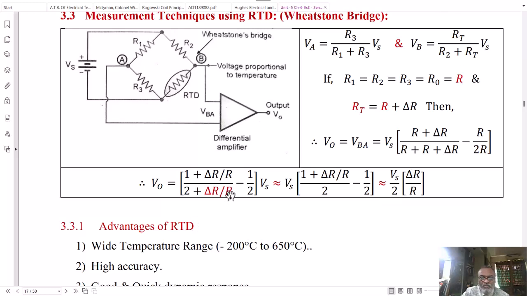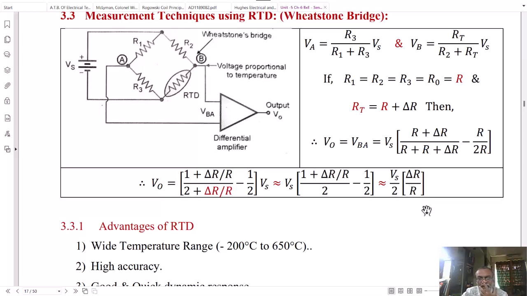In the denominator, this term delta R by R is very small compared to 2, and therefore it can be ignored. And therefore the output voltage VO will be approximately (1 plus delta R by R) upon 2 minus 1 half. Take 1 half common and simplify the expression. You will get VO is equal to Vs by 2 into delta R by R.